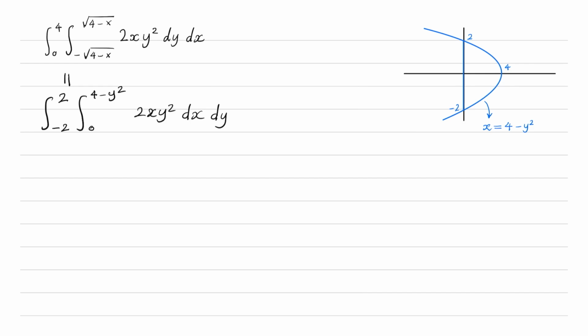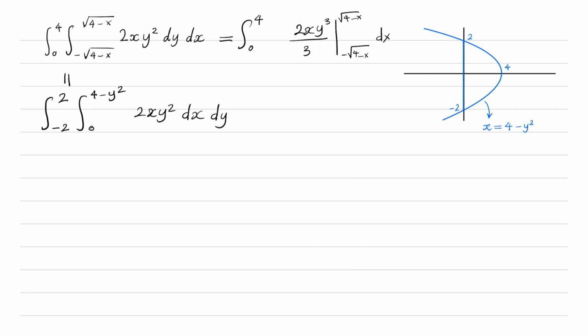Now let's see where these integrals lead us. So if we try to integrate the first integral, the integral of 2xy squared with respect to y is 2x y cubed over 3, and we are integrating from minus the square root of 4 minus x to plus that.